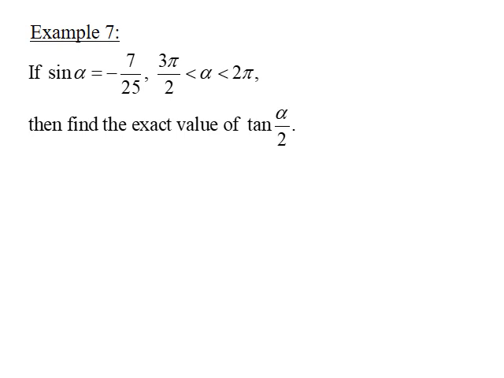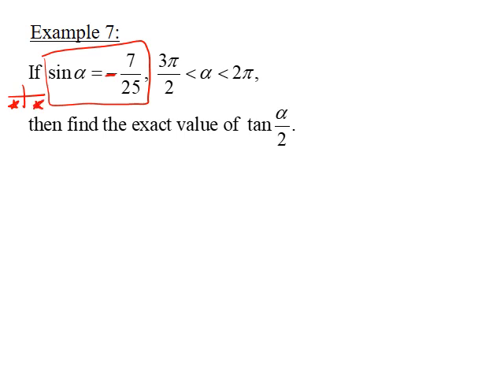Okay, so this example is different than the others we've seen. Here we are given sine of alpha is negative. So let's evaluate this. Where is sine negative? Sine is negative in quadrant 3 and quadrant 4.